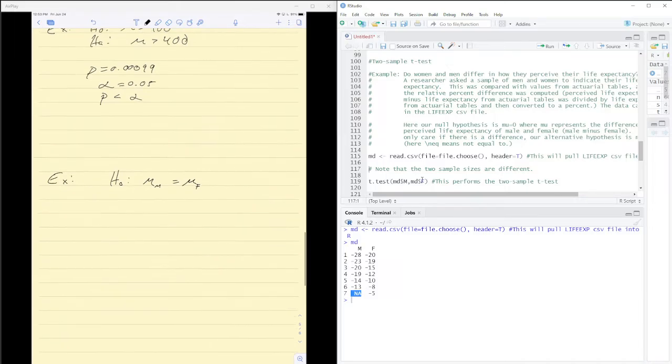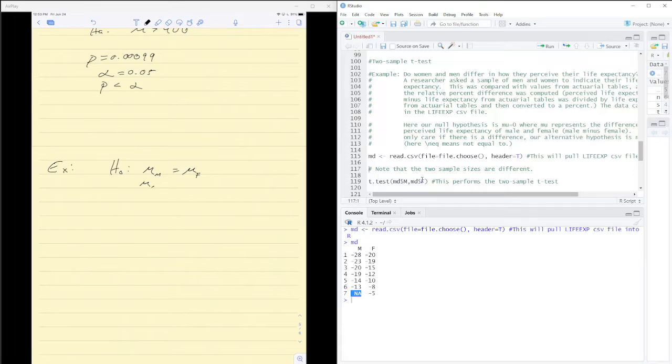How we interpret this is the same as saying the mean for male minus the mean for female is 0. And when you're doing a two-sample test, this is the population mean you're talking about. You're talking about the difference between the groups. You're going to assume there is no difference between the two groups in a two-sample test. So the null hypothesis is that there is no difference. The mean, which represents the difference between the two groups, is 0.